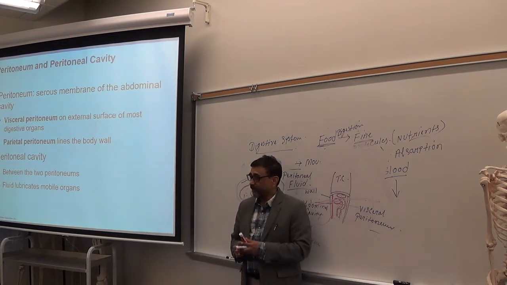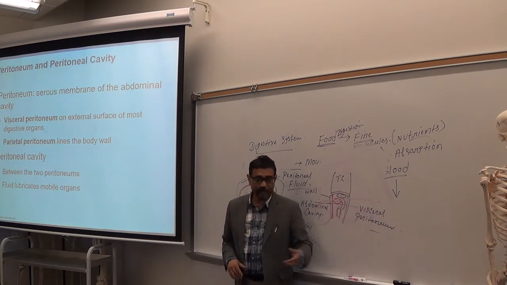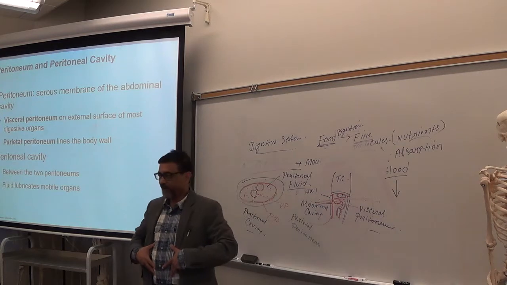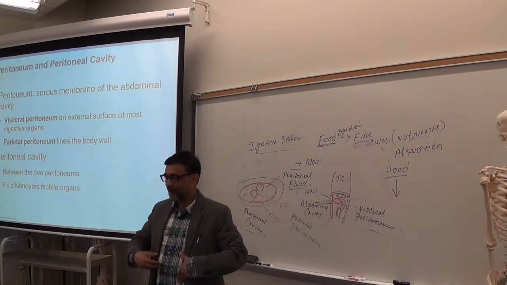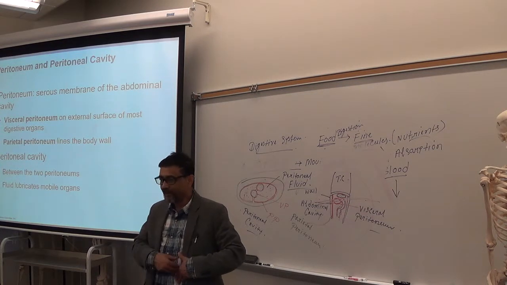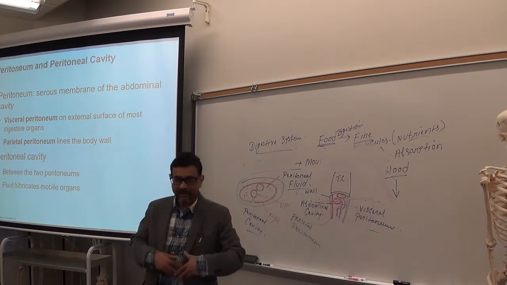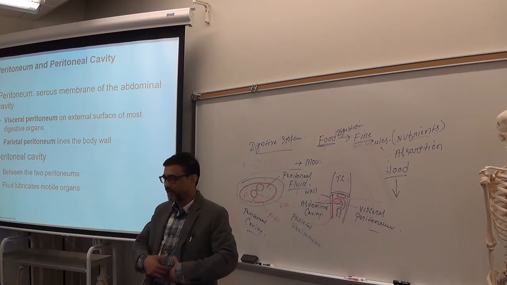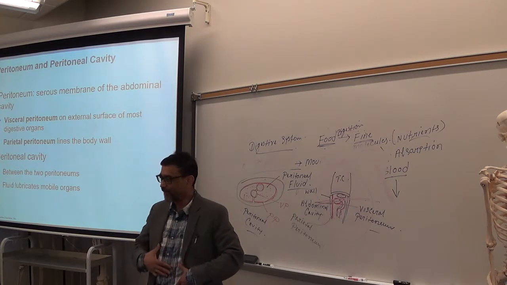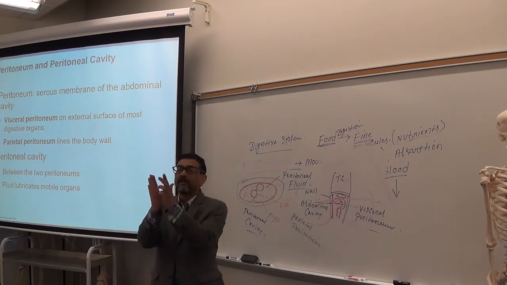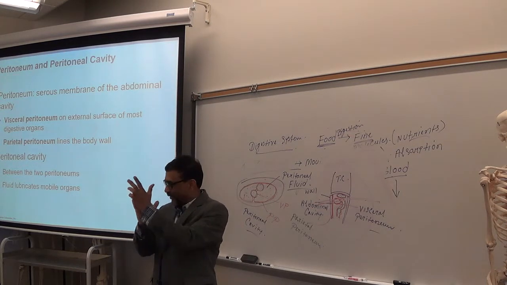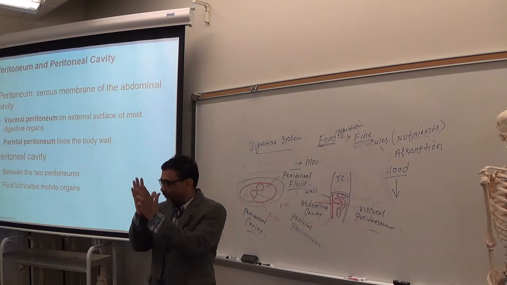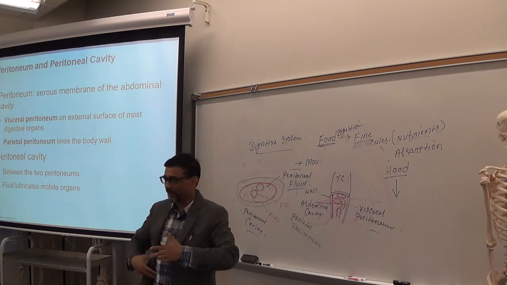This fluid is very important because you have a number of organs inside your abdomen, right? You know, you have liver, gallbladder, right? Pancreas, spleen, stomach, intestine, all those organs are here, right? Inside the abdominal cavity. And that fluid in the peritoneal cavity prevents the friction between them because so many organs are there, right?